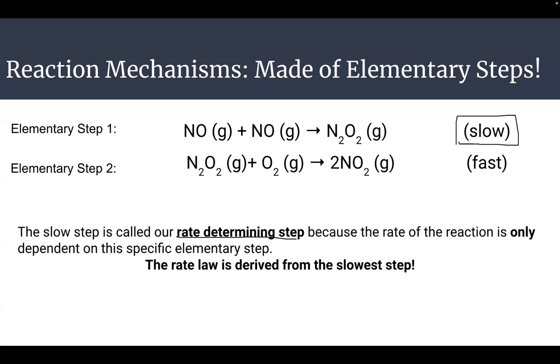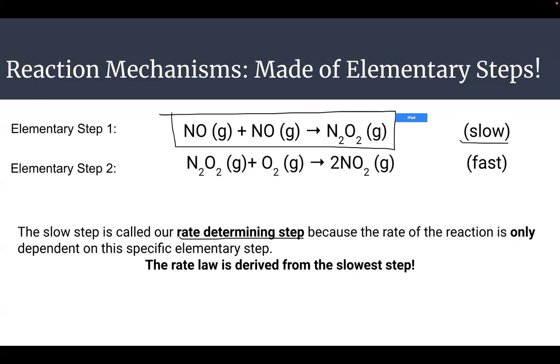We have our rate, as always. The skeleton structure is rate equals our rate constant k times our reactant, which we'll call generally A for now, to some power x. So far, that's the skeleton structure that we've talked about. For a reaction mechanism, we look at the slowest step because it's the rate determining step, so I'm only looking at this reaction for my actual rate law.